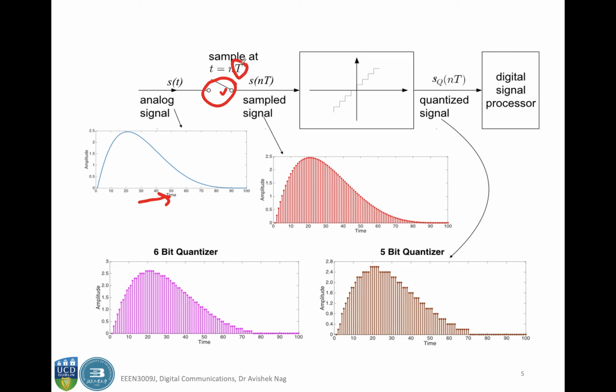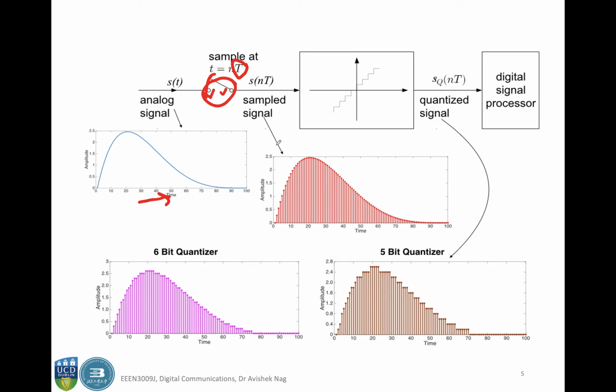You can choose capital T as even less than 1 second. You can choose 1 millisecond or 1 microsecond, whatever be the granularity. At every integer multiple of that capital T, if you are closing this switch, then this will be sampling the continuous time signal.